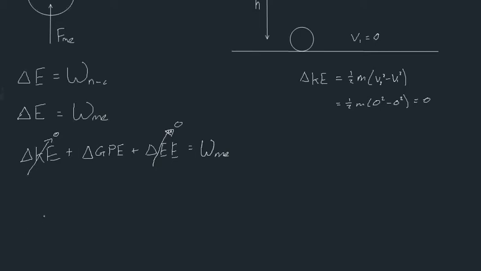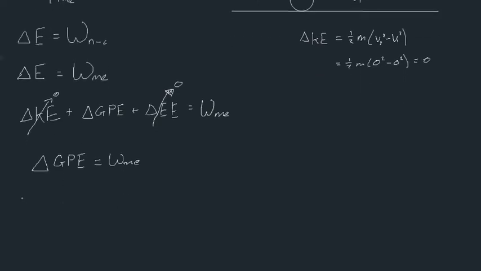That would imply then that your change in gravitational potential energy is going to be equal to the work done by me. And we know that our change in gravitational potential energy is just mg times h2 minus h1, or y2 minus y1. Both are fine, but I'll write it as y2 minus y1 because that's what most textbooks use.